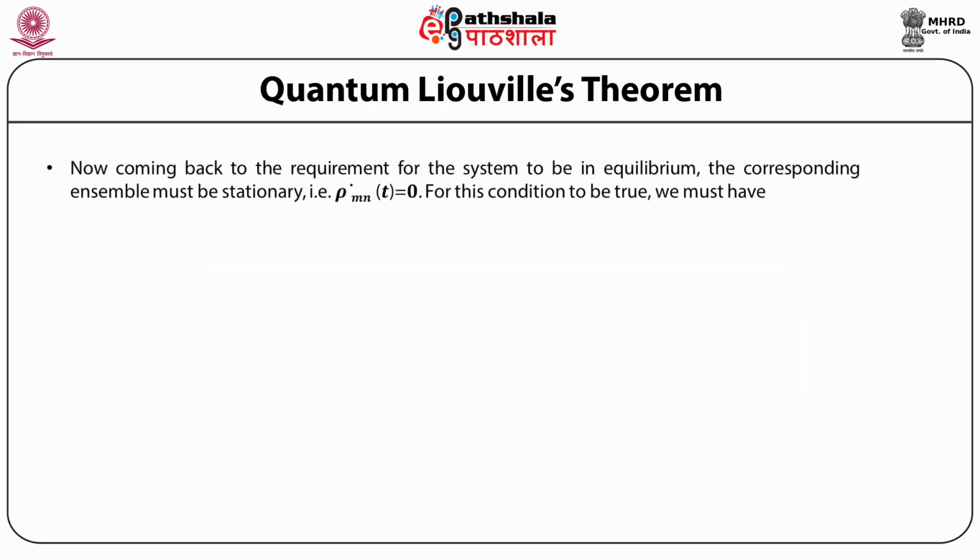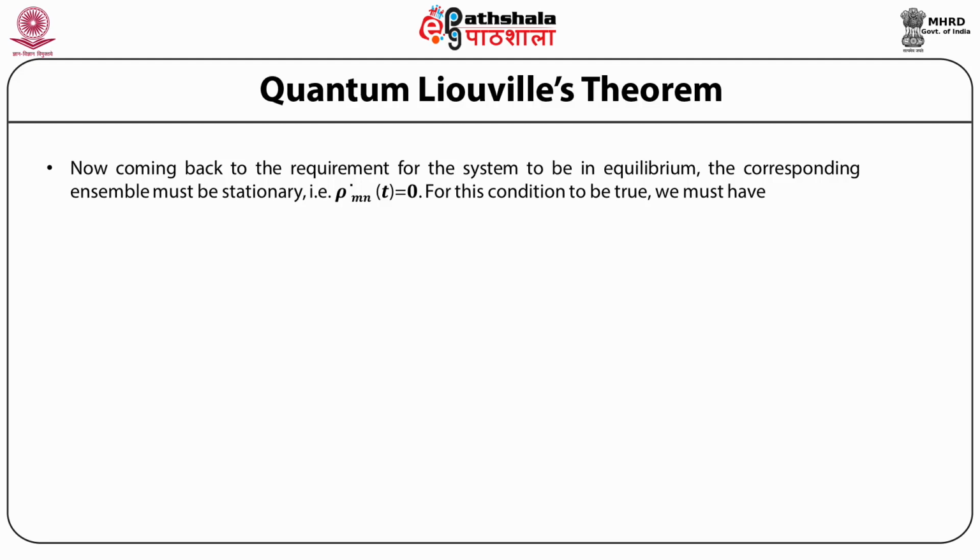Now coming back to the requirement for the system to be in equilibrium, the corresponding ensemble must be stationary. That is, the time derivative of the matrix element of rho between states m and n must be equal to 0.